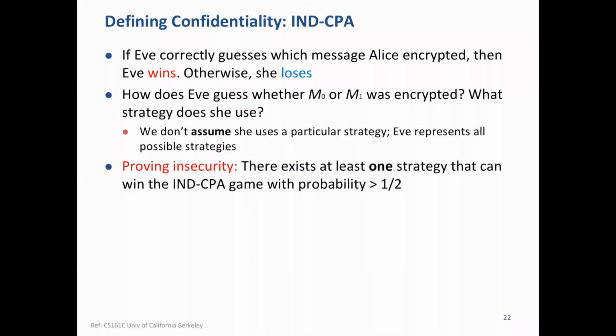Now Eve can use any strategy she wants to guess whether M0 or M1 was encrypted and sent back. So if you have to prove that this encryption algorithm is insecure, proving it means there exists at least one strategy that can win the IND-CPA game with probability greater than half.